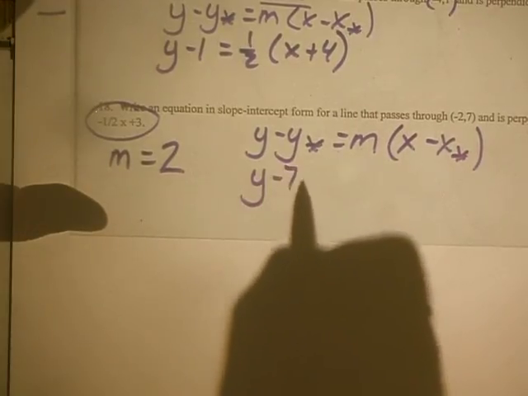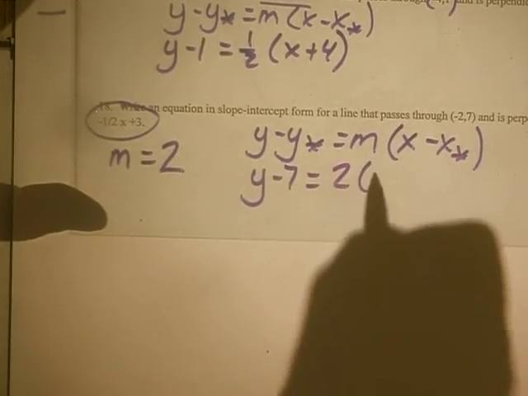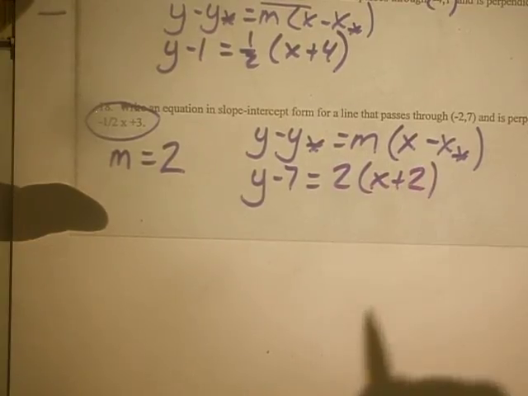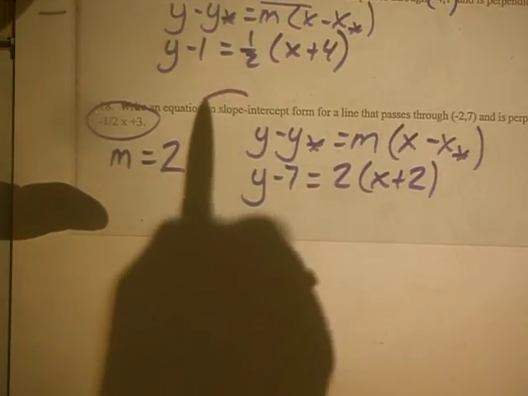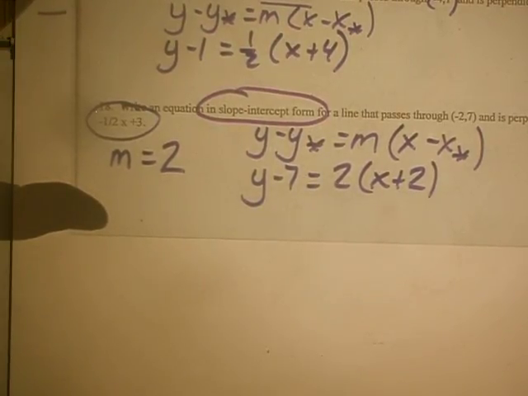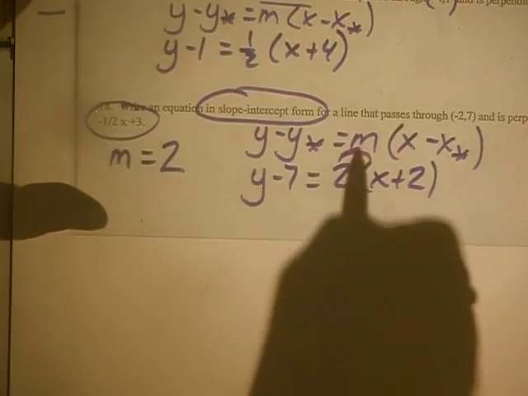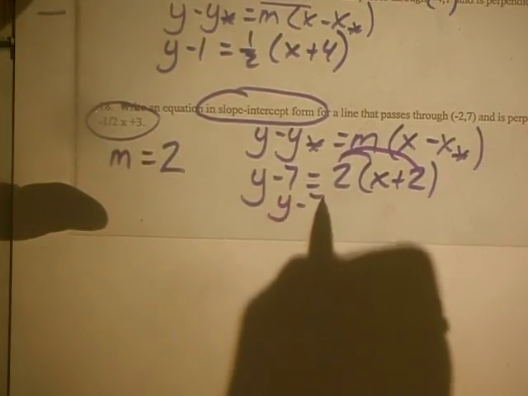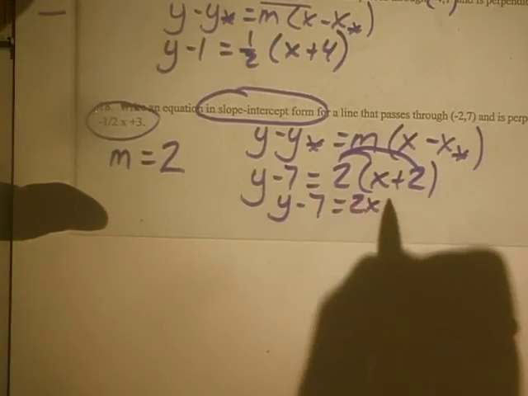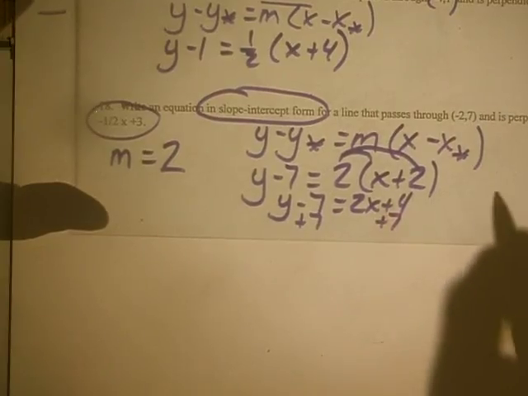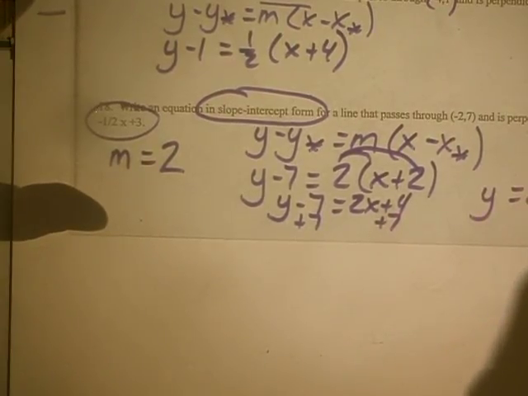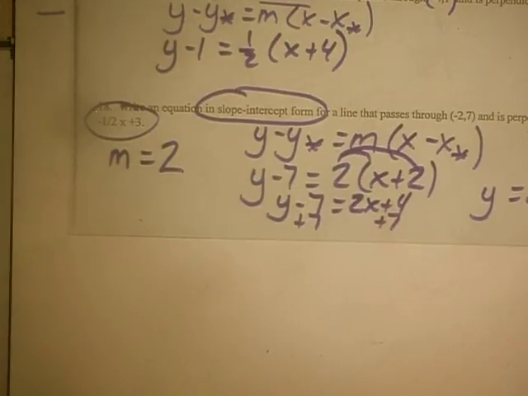And you end up with y minus 7 equals 2 times x plus 2. Now this is point slope form. We were asked for slope-intercept form, so we need to distribute, and we would have y minus 7 equals 2x plus 4. And if we add 7 to both sides, we would have y equals 2x plus 11. And that is the equation of that line in slope-intercept form.